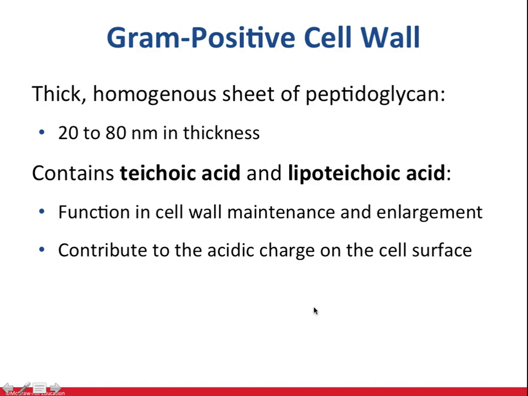Since the cell wall contains peptidoglycan, if the bacteria has two layers, the bacteria have a very thick peptidoglycan. We can stain the peptidoglycan with gram staining.